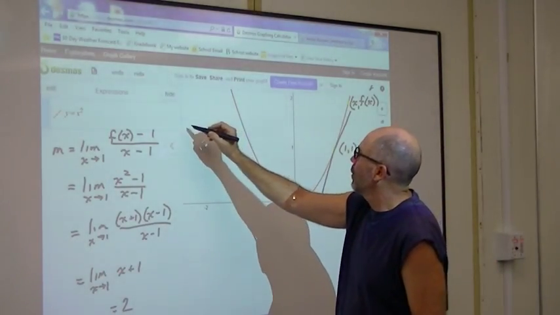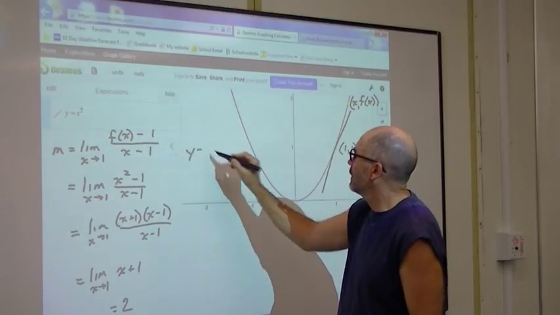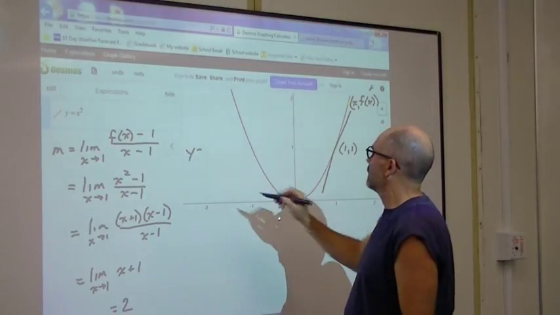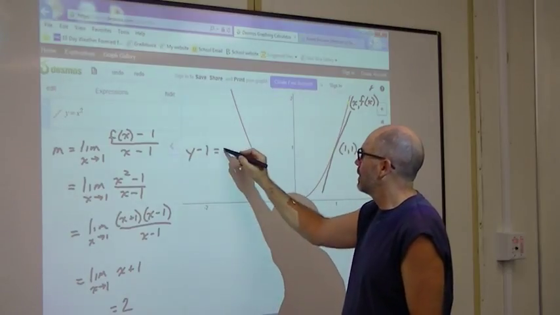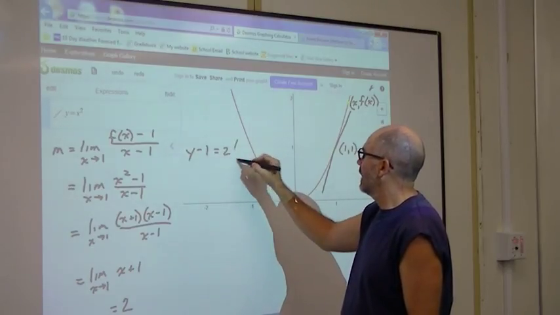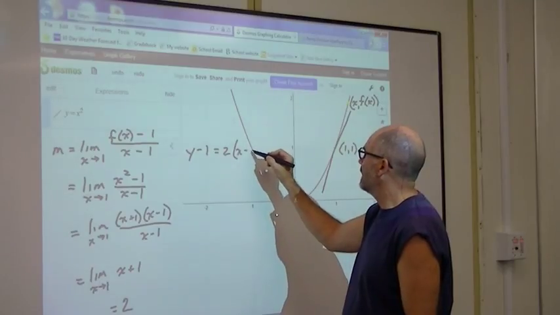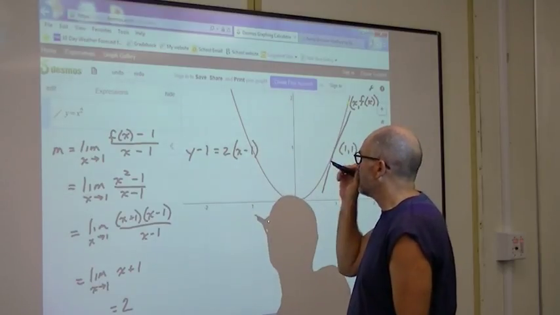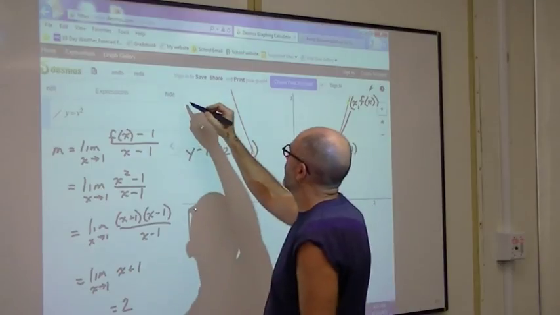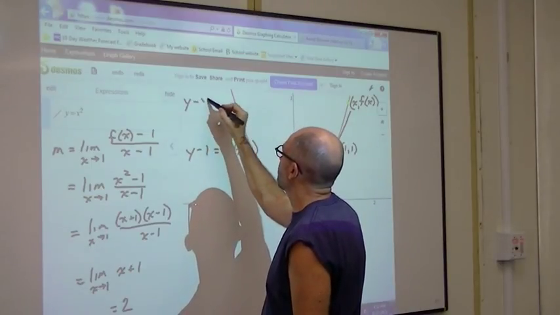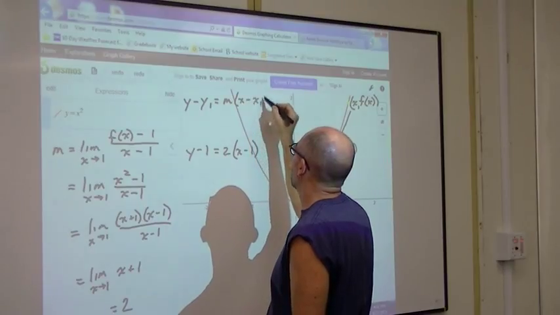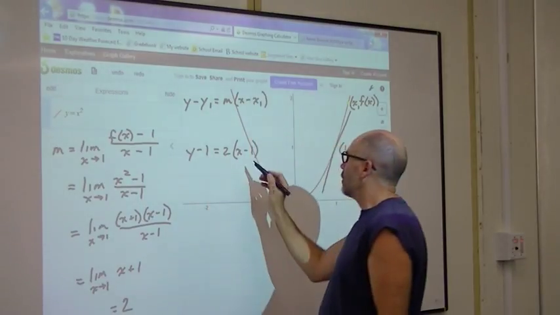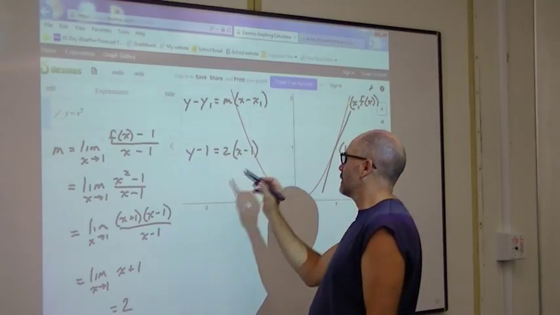So it's y minus the y value, which is 1, equals slope times x minus the x value. Just in case you guys forgot this, the point-slope form is y minus y sub 1 equals m times x minus x sub 1.